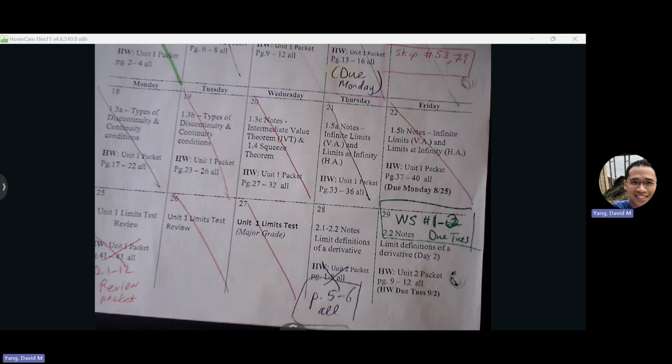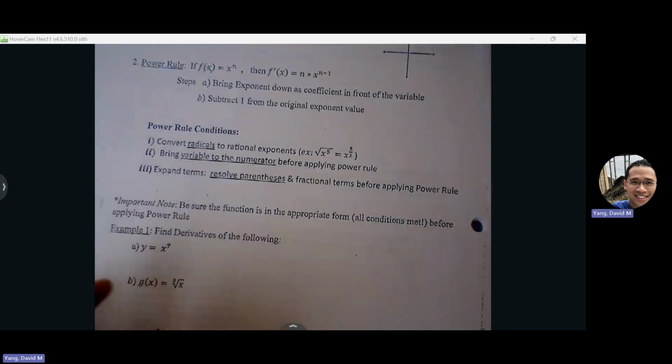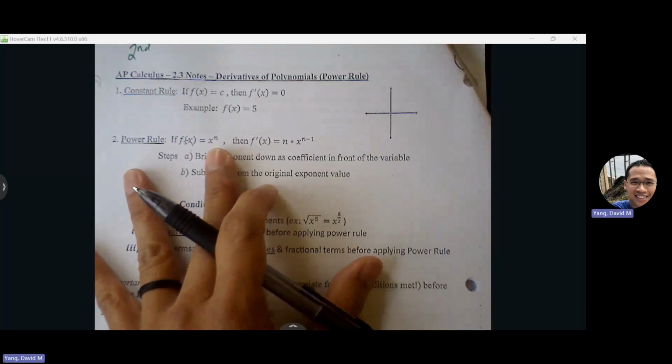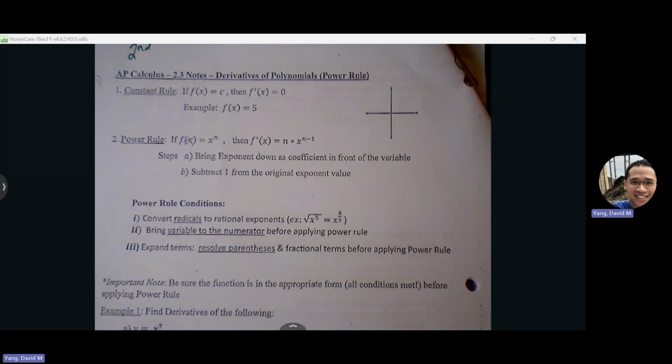13. So I said that we're going to have a much more efficient way of finding derivatives.